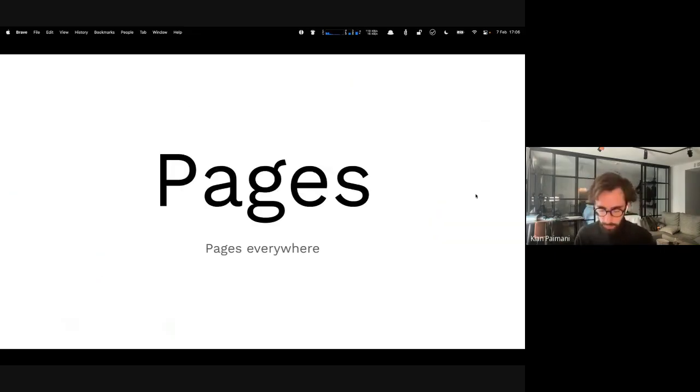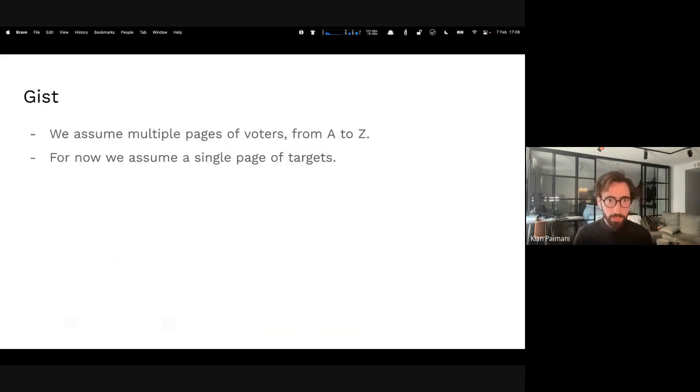Anyhow, how we solve this is we basically paginate everything. Everything gets divided into multiple pages, and instead of happening at once, it happens over multiple blocks. The assumption for now, at least in the current draft implementation that I have, is that we have multiple pages of voters and just one page of targets.